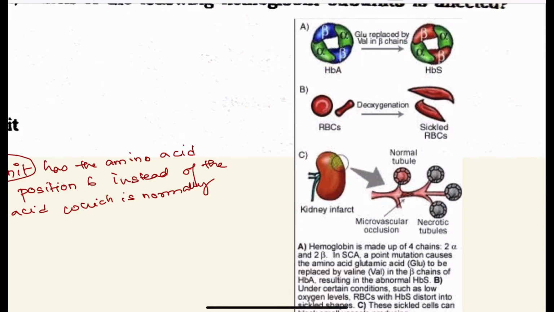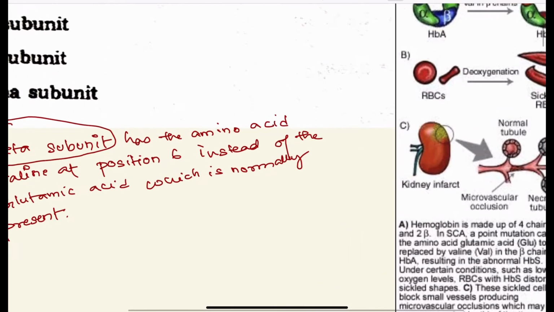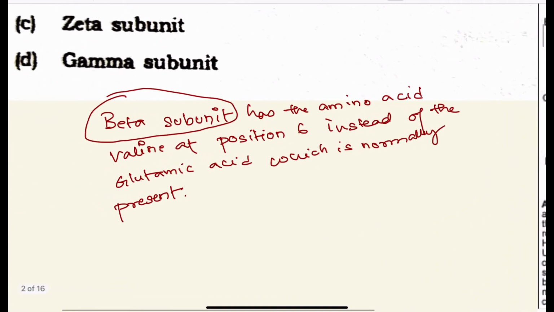But in the normal HbA hemoglobin protein, the beta subunit has glutamic acid at position 6, which undergoes mutation to produce valine instead.